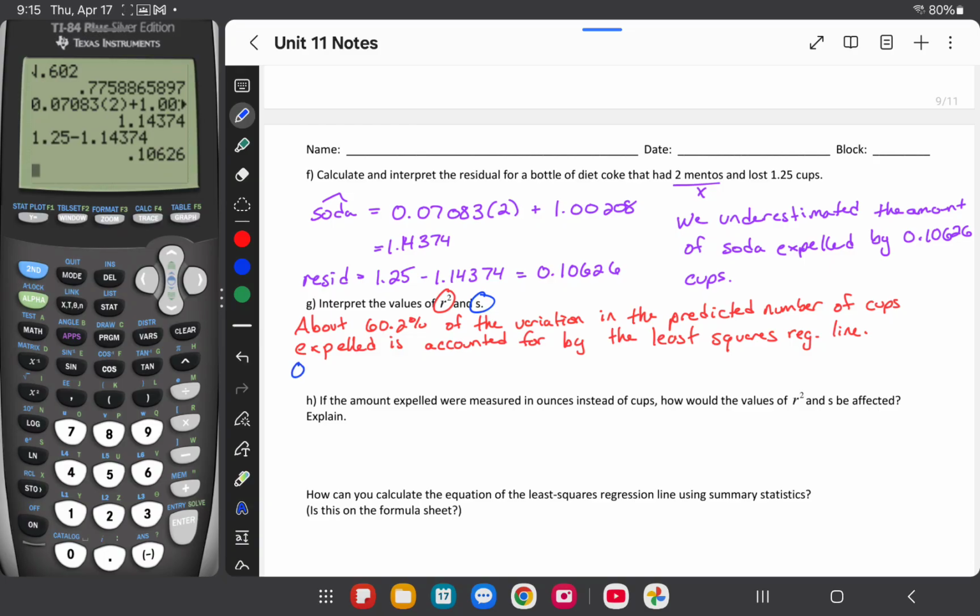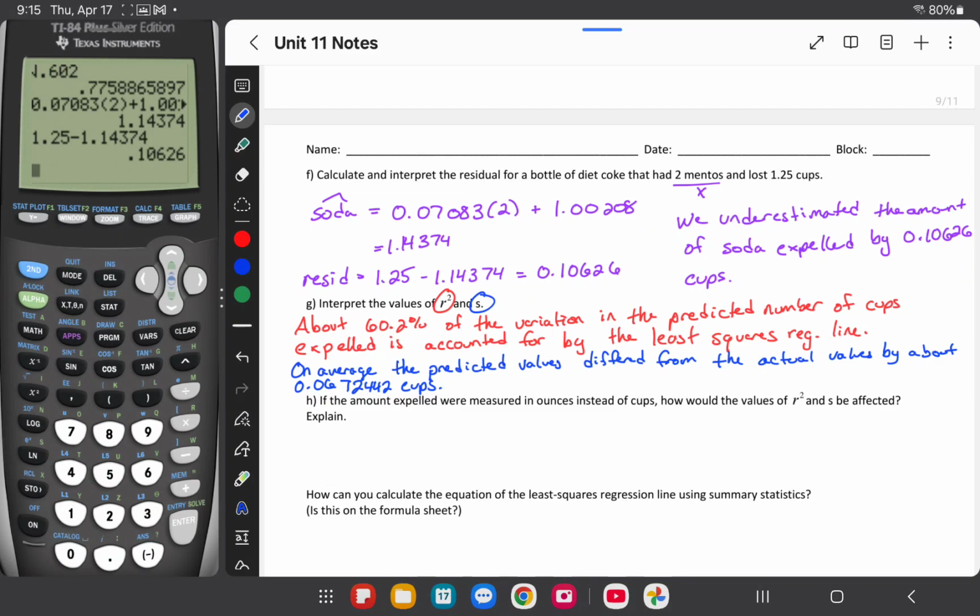So we can say that on average, the predicted values differed from the actual values by about 0.0672442, and then cups would be our label here.